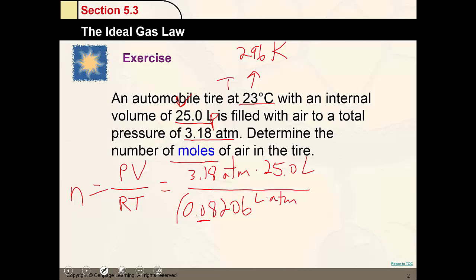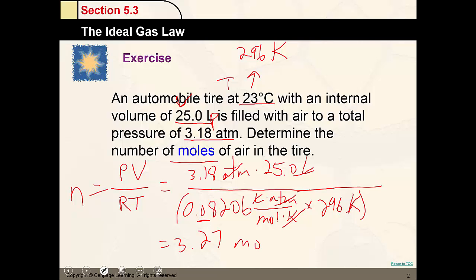And you'll notice when using this universal gas constant, all of the units will cancel besides the one you are solving for. So all the units cancel except for number of moles, which makes sense because that is what you are solving for. So when you do all this, you get 3.27 moles. So that's our correct answer.